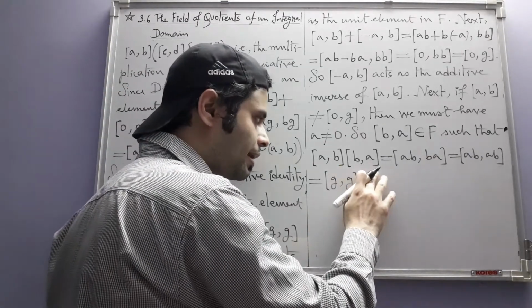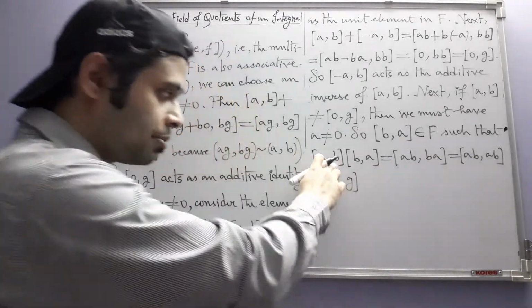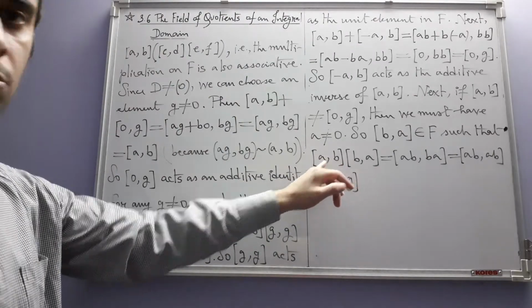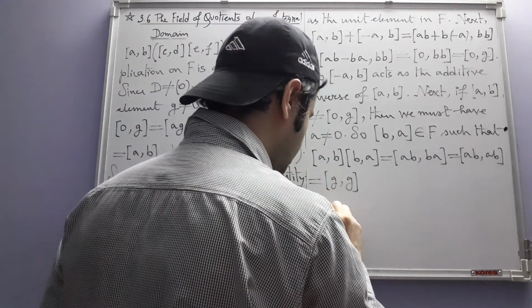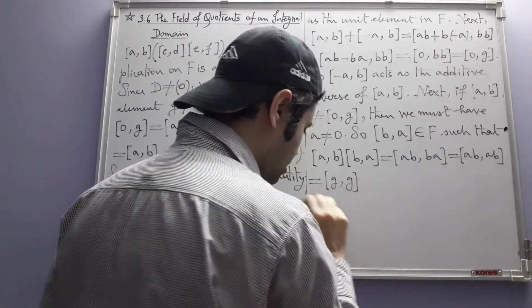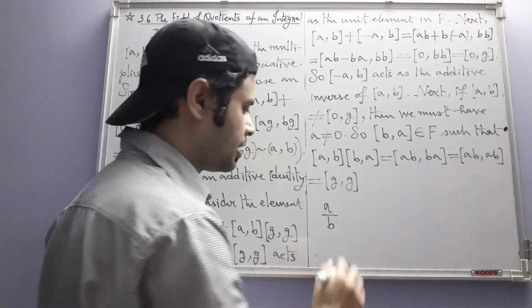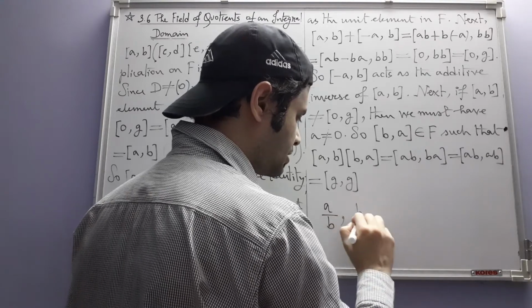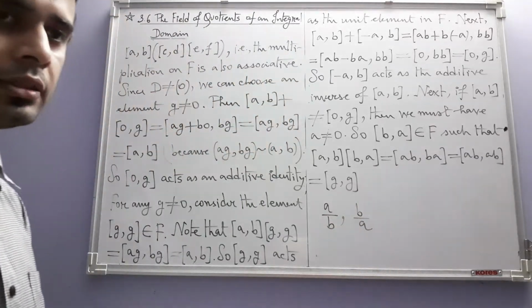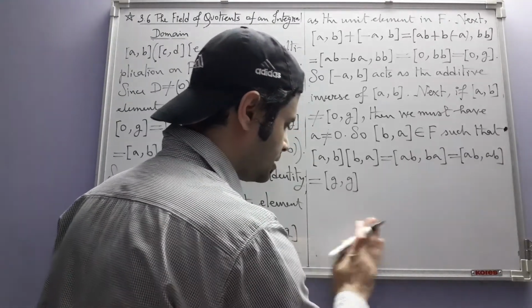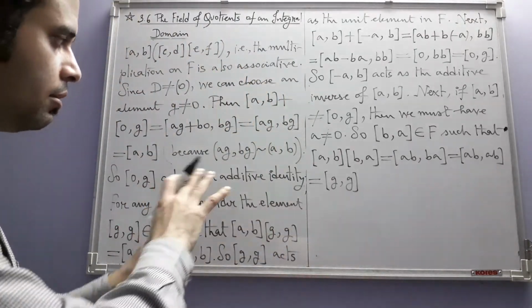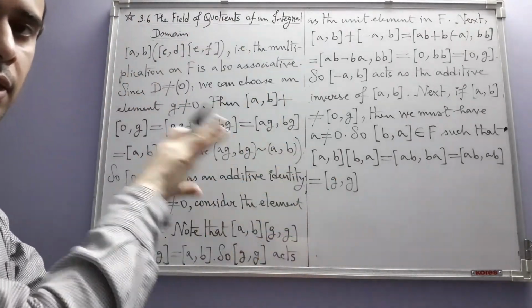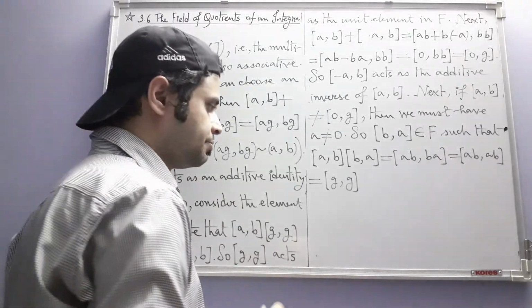Hence, this acts as the multiplicative inverse of (a, b). It's just like in the case of rational numbers: if it is non-zero, then its multiplicative inverse is b by a. So there is a direct analogy between this general case and the case of rational numbers.